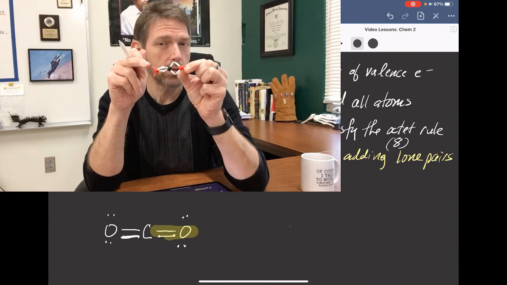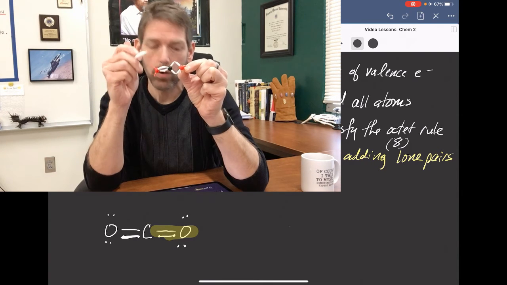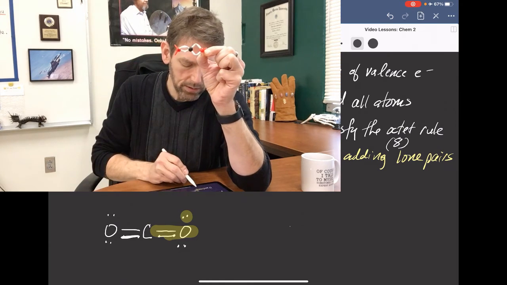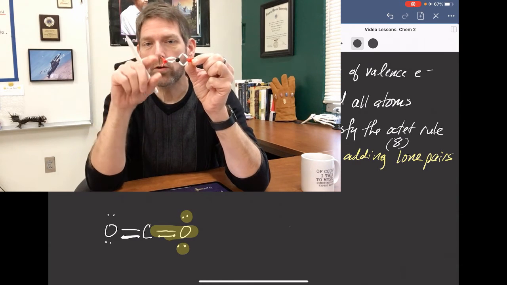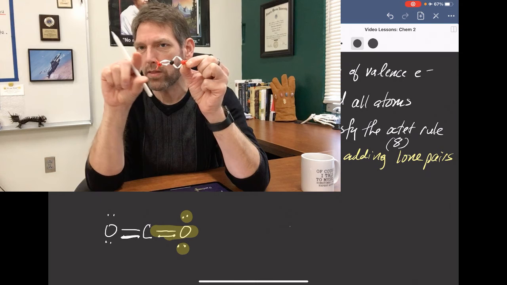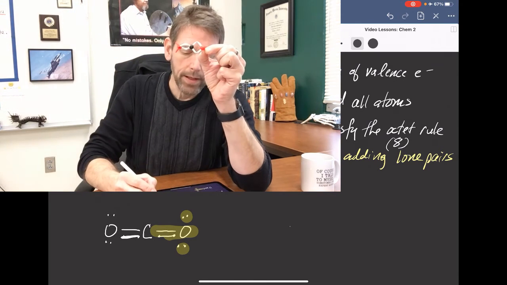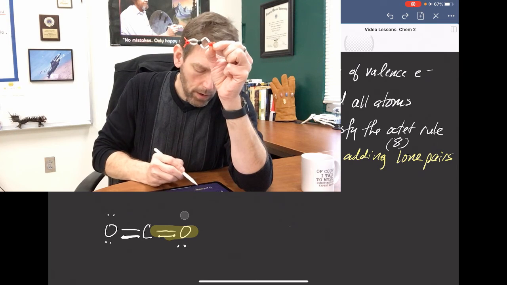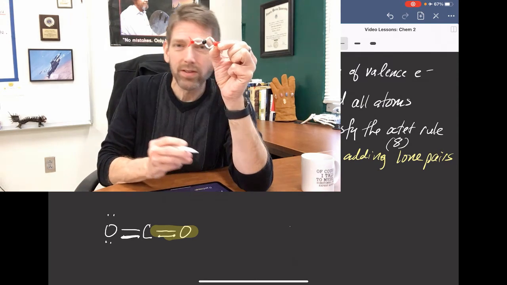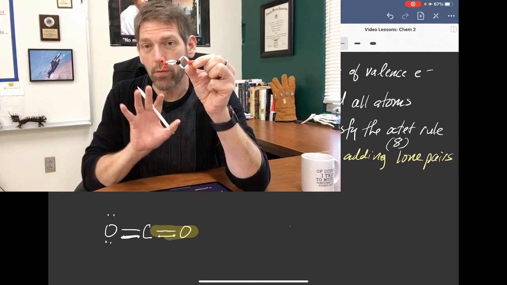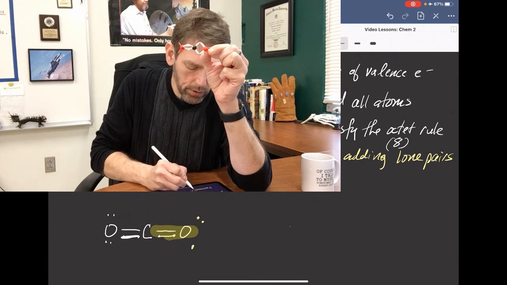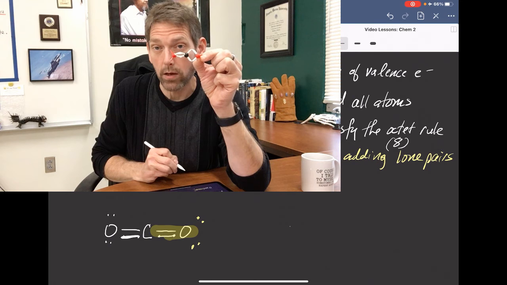And since there's no bond there, we assume that this post is this lone pair and this post is this lone pair. And now you see how these posts are coming off at these angles. And that's because electrons, since they are all negative, they repel each other. And so those electrons repel off at these angles.